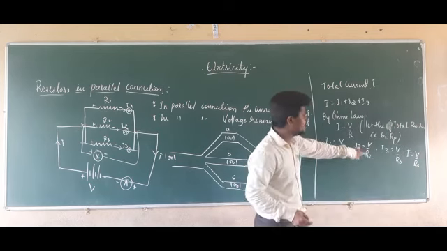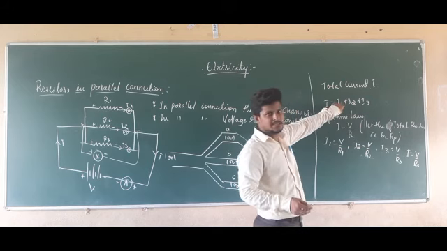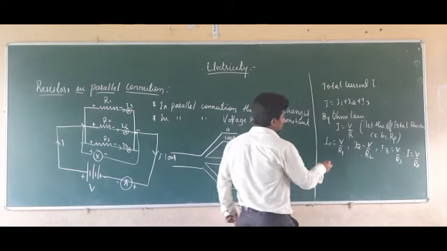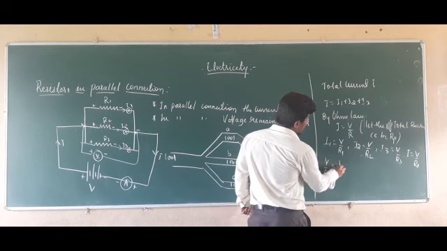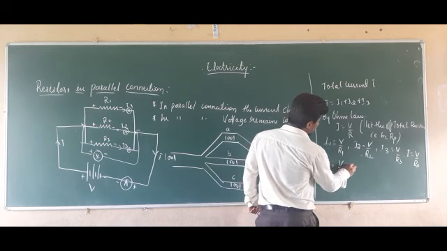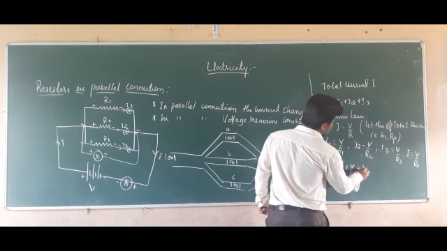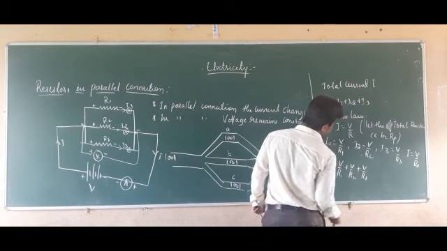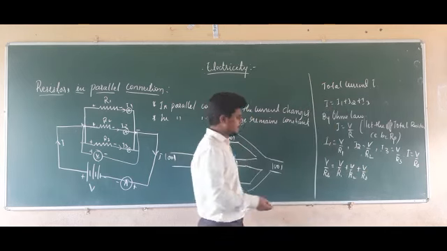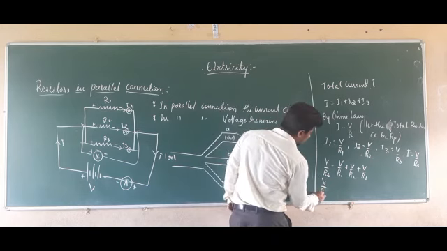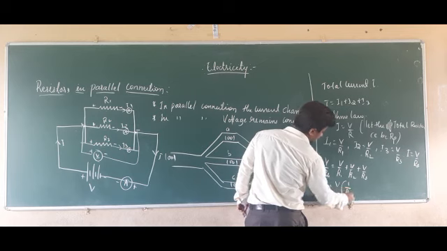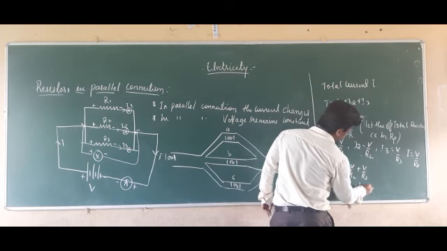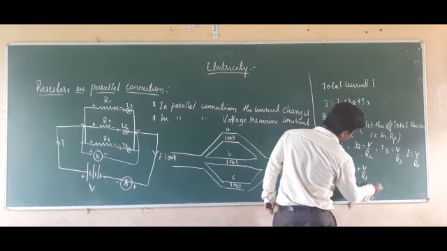Substituting these values into equation number 1, what do we get? V divided by RP equals V divided by R1 plus V divided by R2 plus V divided by R3. If you take the common value outside, it becomes V divided by RP equals V times the bracket 1 by R1 plus 1 by R2 plus 1 by R3.